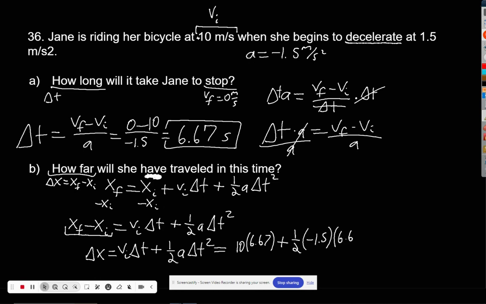And our time, once again, 6.67. And we got to square it for the second one. Then carefully plug all that into a calculator, keeping in mind that your acceleration is negative. You should get 33.33. Rounding it to 2 decimal places, 33.33 meters. That's how far she'll travel before she reaches the stop, which is actually pretty far.